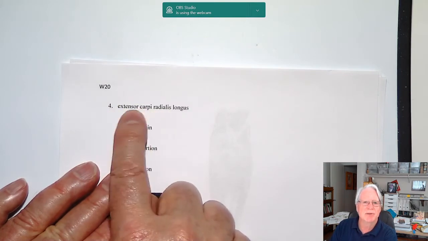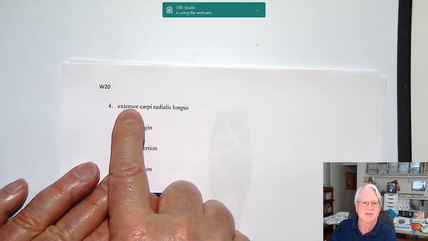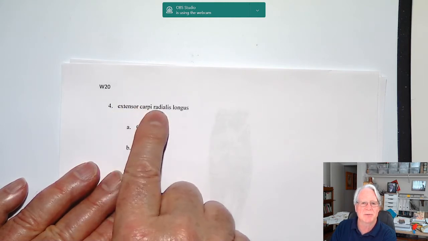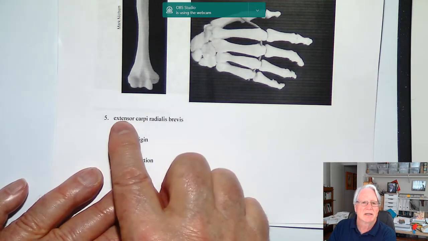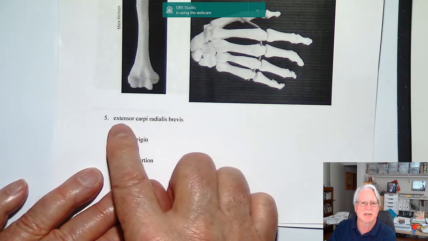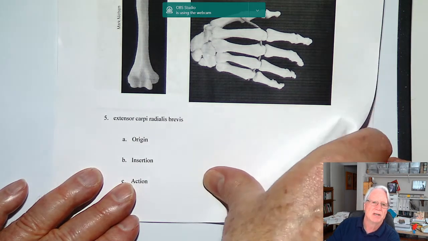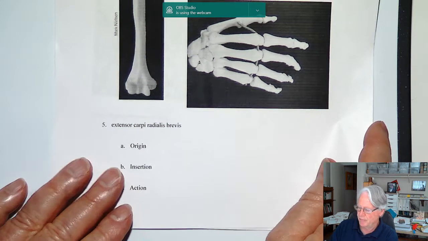Extensor carpi, the long muscle extending the wrist. Extensor carpi, the short muscle extending the wrist. We're going to do these two together because they are found as a pair.